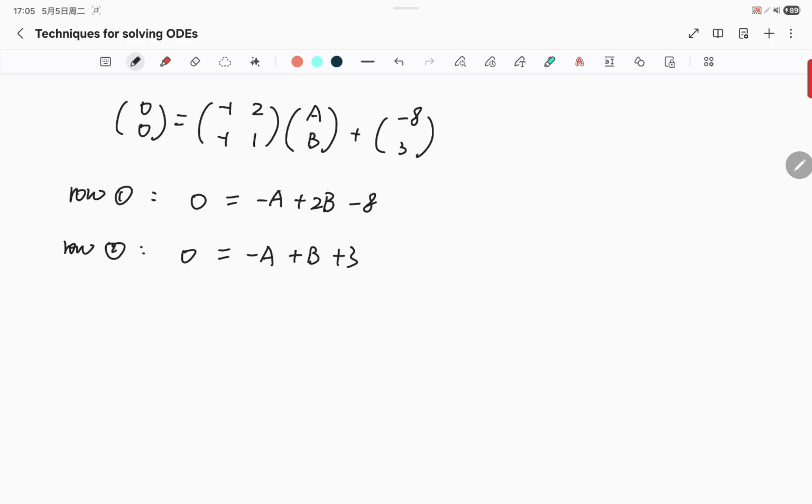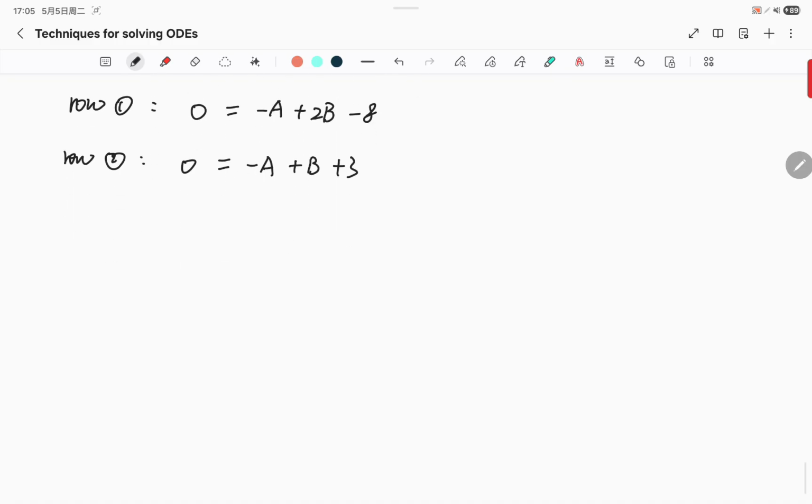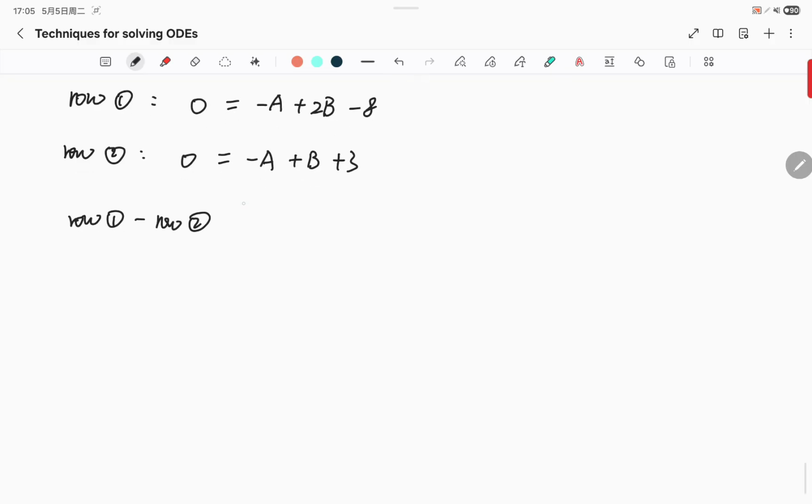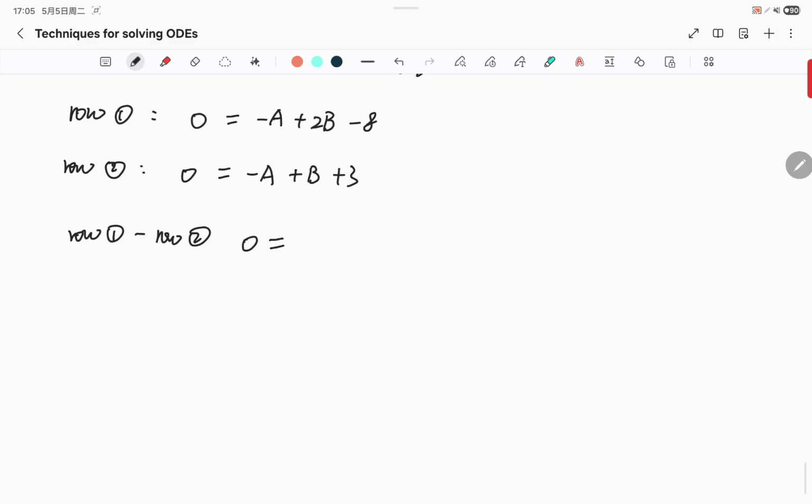Now the job is to find the values of a and b. Let's do row 1 minus row 2. This is like Gaussian elimination. So we have 0 is equal to minus a minus minus a, gone. 2b minus b is just b. And minus 8 minus 3 is minus 11.